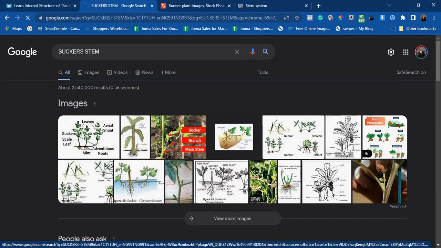So this image here has all that we are looking for.